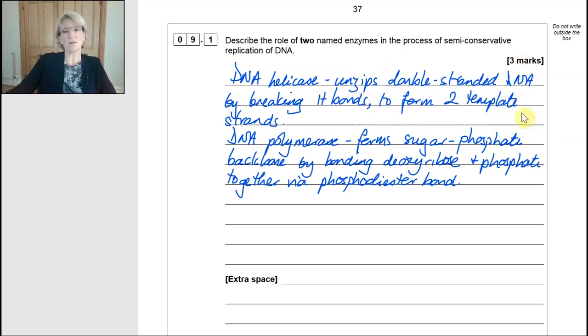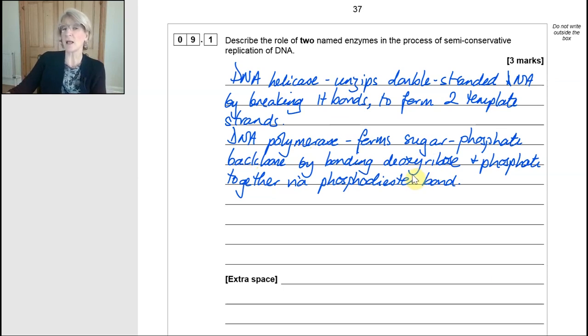This is 3 marks, and I'm kind of going, okay, where exactly are the marks here? DNA polymerase, this is a really common misconception. DNA polymerase does not rejoin the hydrogen bonds that have been broken by DNA helicase. It forms the sugar phosphate backbone by bonding deoxyribose.